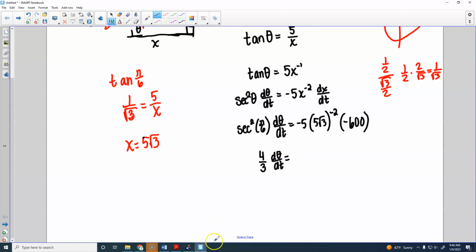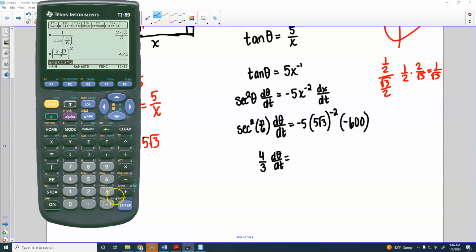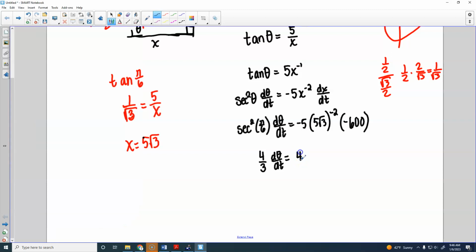And then we're going to put all this other stuff in here. Negative 5 times 5 root 3 to the negative 2 times negative 600 is 40. So if we multiply both sides by 3/4.